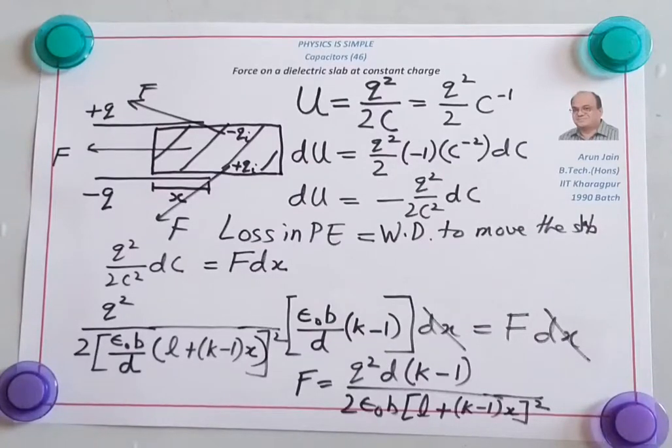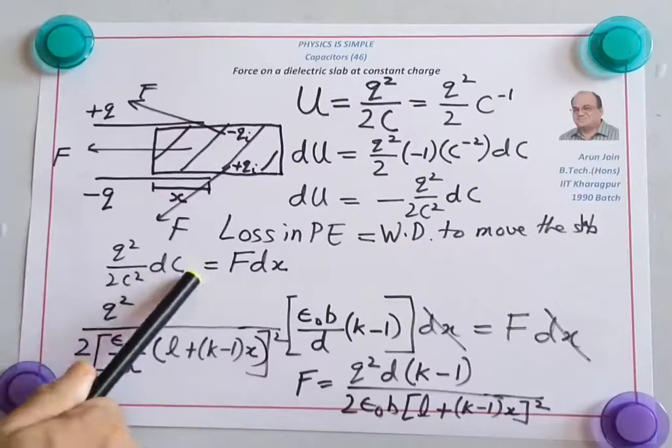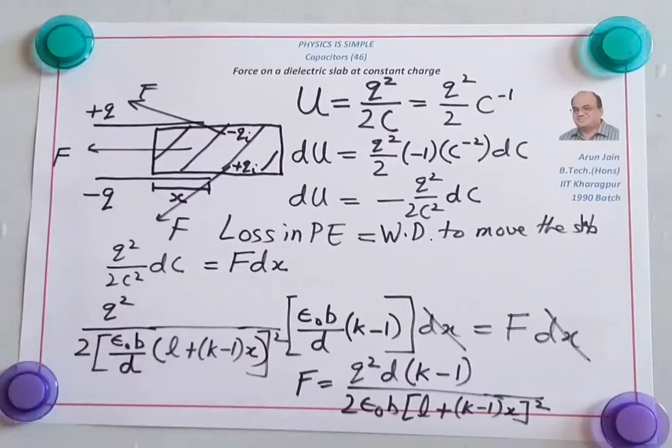We differentiate this equation to get dU, and then we find that the potential energy is decreasing. That is being used to do work to move the slab, so that we equate to F dx. Then C and dC we had found out in the previous lesson for a similar situation when the battery was connected, and then we find the equation for force.